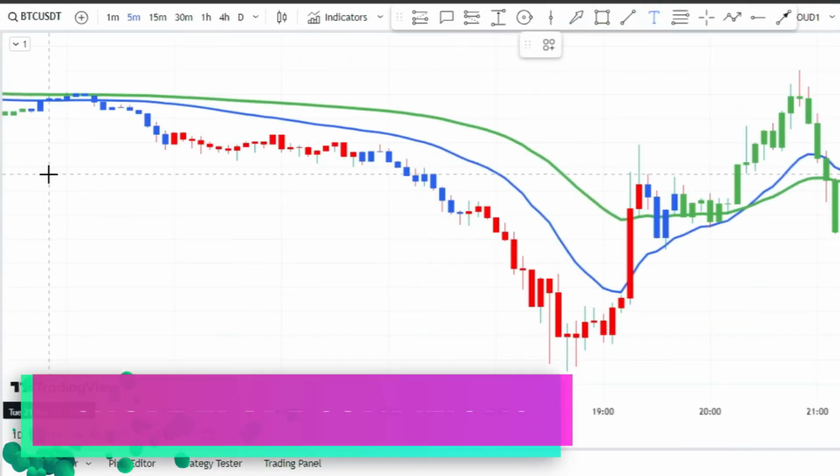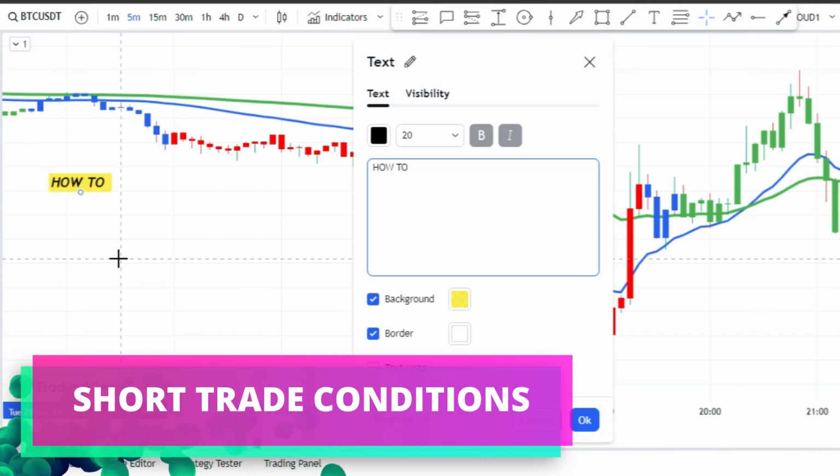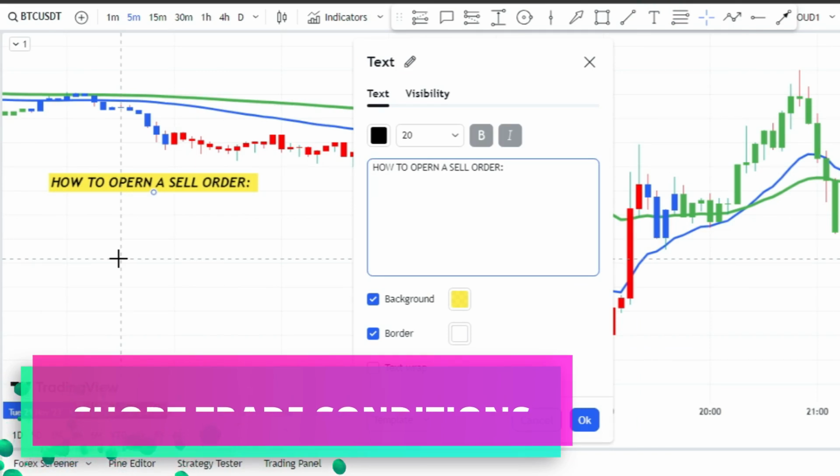And for a sell trade, we're looking for a downward trend. This is when the blue line takes a dip below the green line and the price follows suit, falling below both lines.